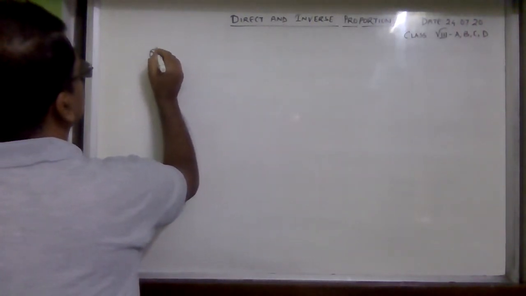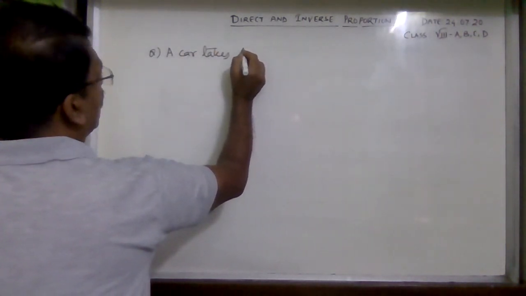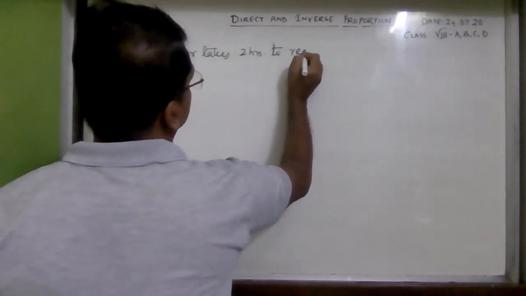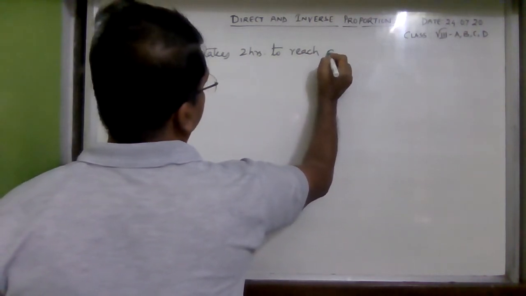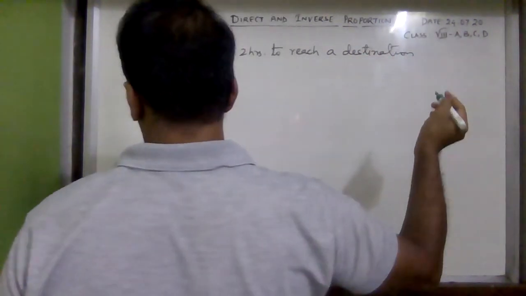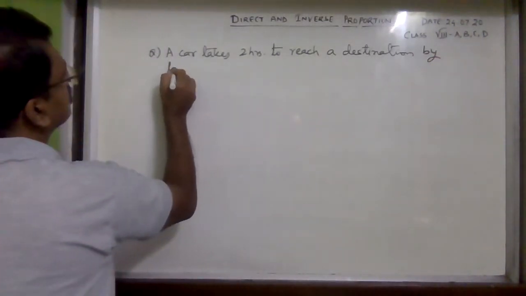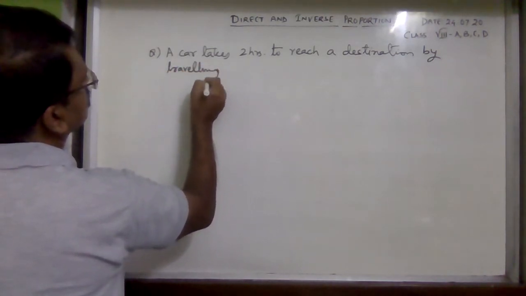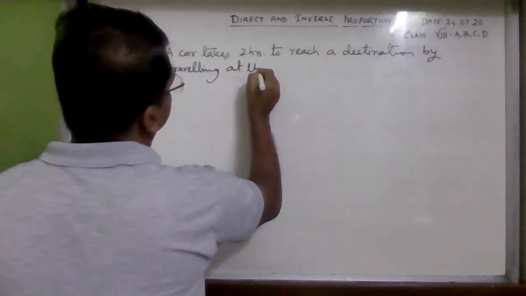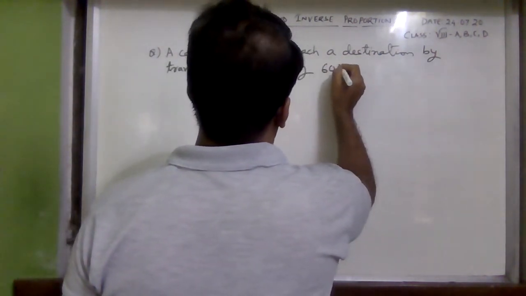The question is, a car takes 2 hours to reach a destination by traveling at the speed of 60 km per hour.